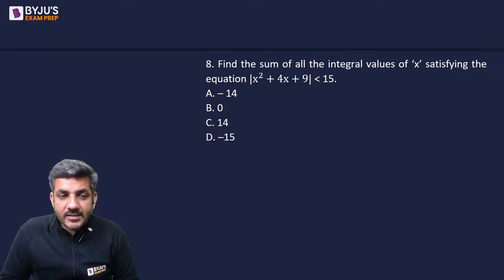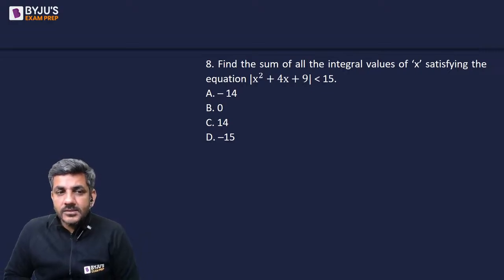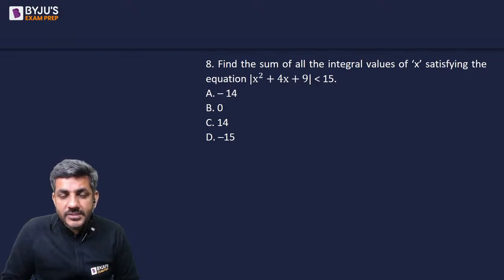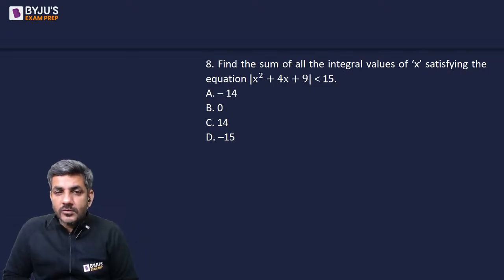Do we have any other answer yet? Sum of all integral values of x satisfying the equation x square plus 4x plus 9 mod of the whole is less than 15.